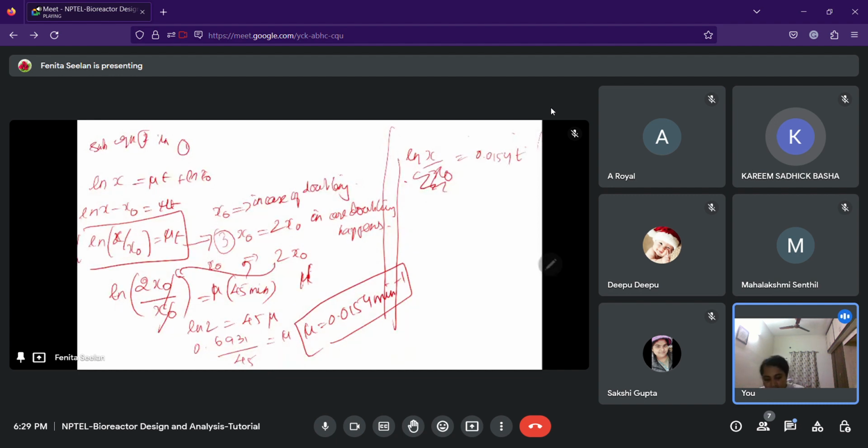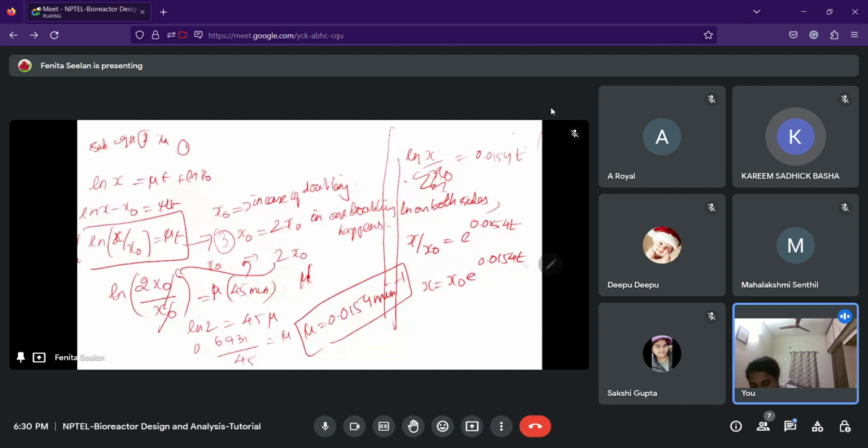We take exponentials on both sides, so it becomes x by x naught equal to e power of 0.0154 into t. Means x is equal to x naught e power of 0.0154 t, where t is your time.